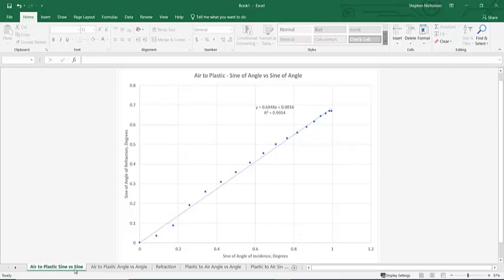So what I may try here is if I only used, say, the first 10 data points, where it was easier to read the angle of refraction, to see if that affects things or not.